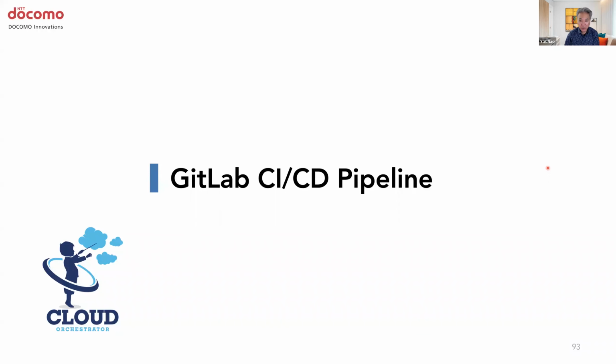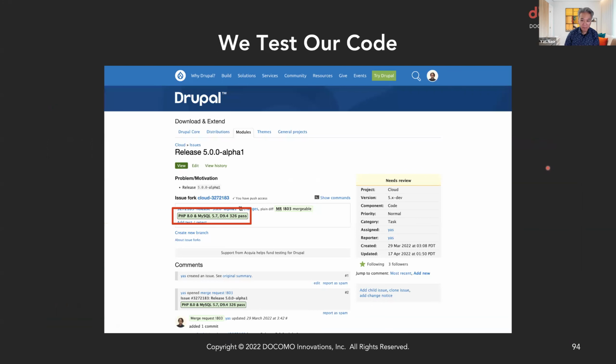Now we want to automate the test process for daily automated testing, so we are using the GitLab CI/CD pipeline. We have already done our automated testing for TDD. Thanks to the Drupal community, we can test our code on Drupal.org every time we push code.